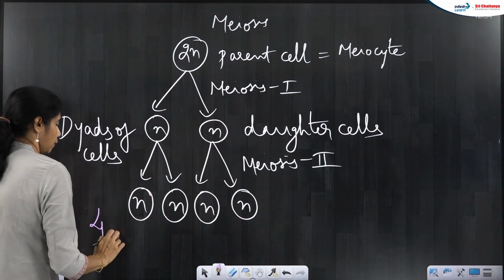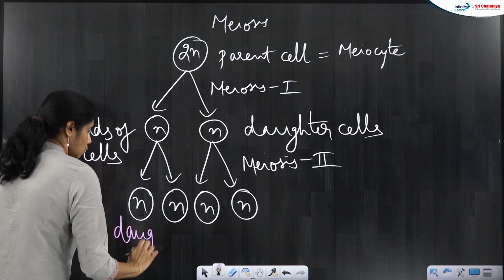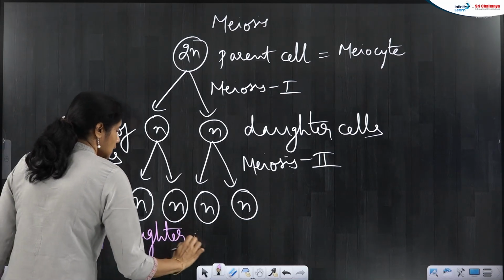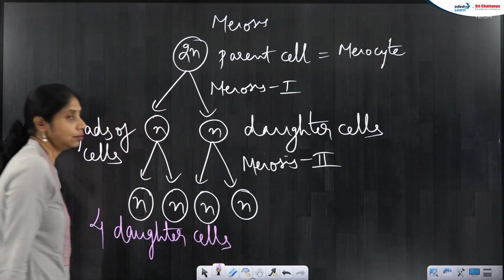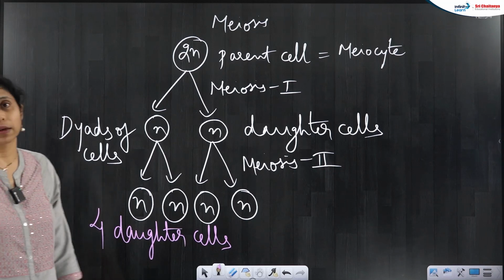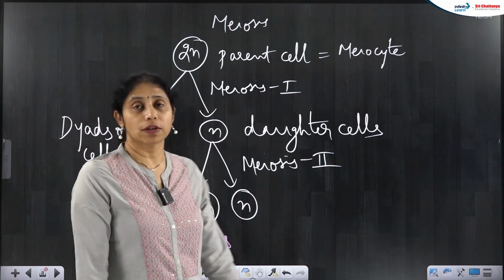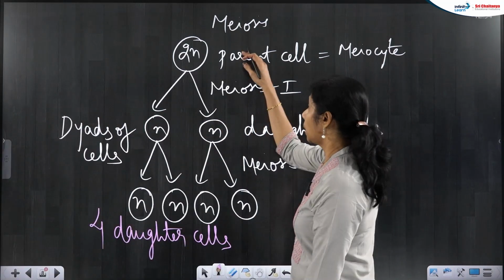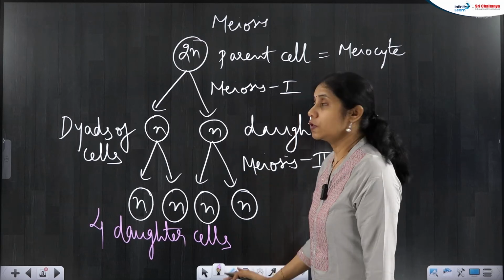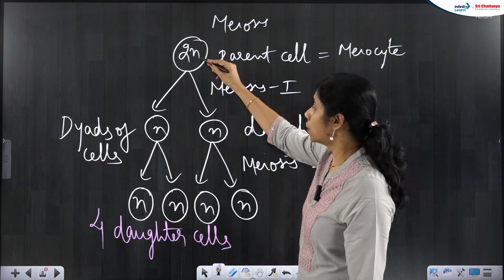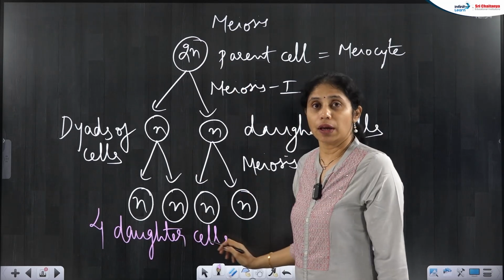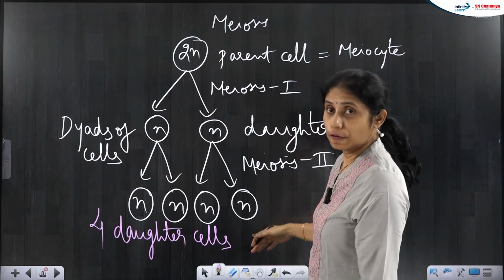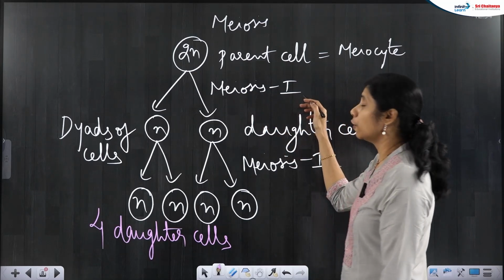So by the end of meiosis 2, 4 daughter cells are formed from one diploid cell. This is how meiosis happens, involving meiosis 1 and meiosis 2. As it is reducing the chromosome number, 2n is becoming n, but actually this happens at the end of meiosis 1.